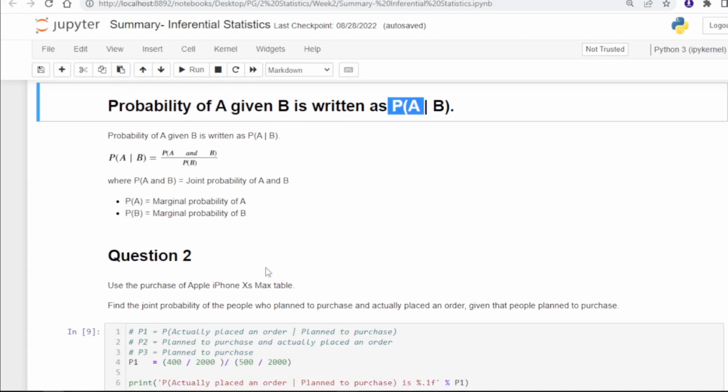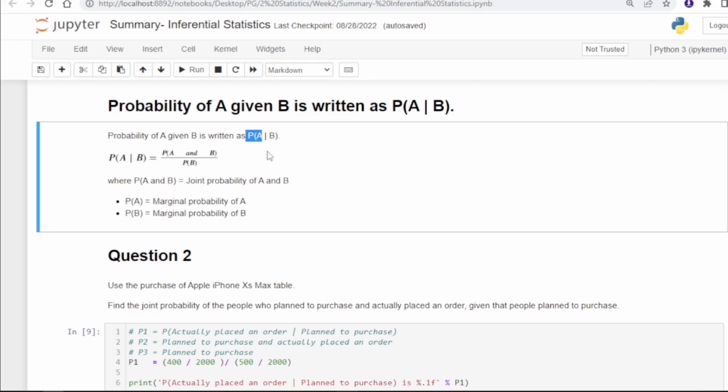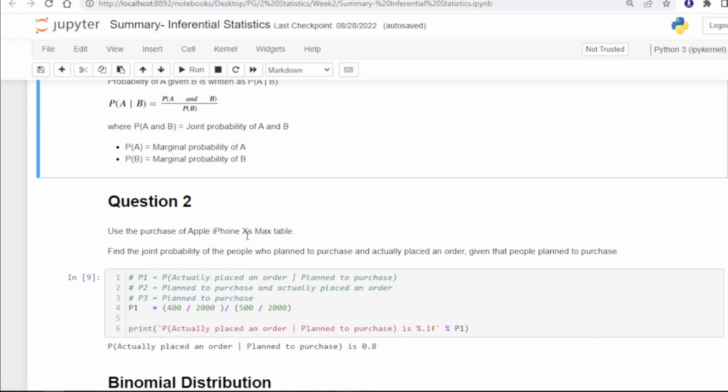Here is the formula: P of A given B equals probability of A and B divided by probability of B, where probability of A is our marginal probability of A, and probability of B is our marginal probability of B.